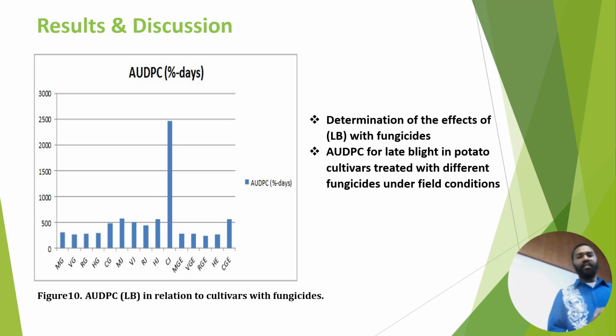It shows the determination of the effects of late blight with different fungicide treatments and area under disease progress curve for late blight in potato cultivars under field conditions. As you can see on the graph, the one that has the highest mean represents the control treatment with Jalin cultivar of potato. Therefore, that particular combination, control treatment and Jalin cultivar, is not the best application to treat potato late blight.